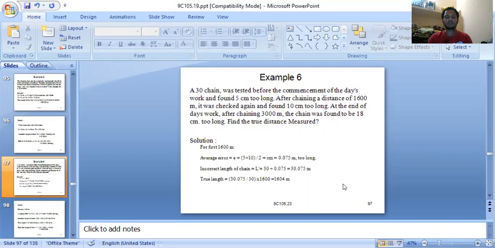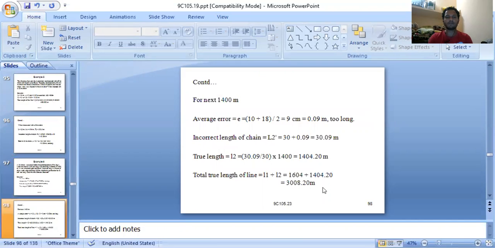The standard length is 30 meters. The measured length is 1600 meters. Therefore, the true length is 1604 meters. In the same way, we have to measure the second half true distance. For the next 1400 meters, the average error is 0.09 meters. Therefore, the incorrect length is 30.09 meters.